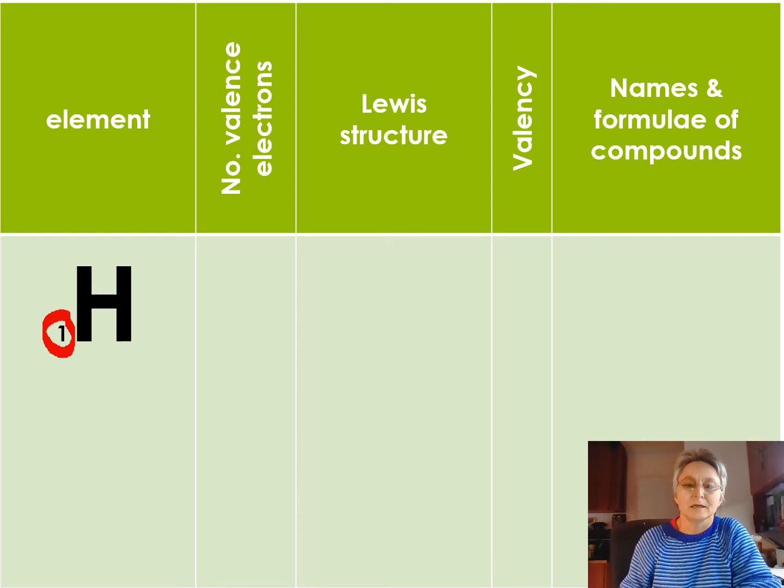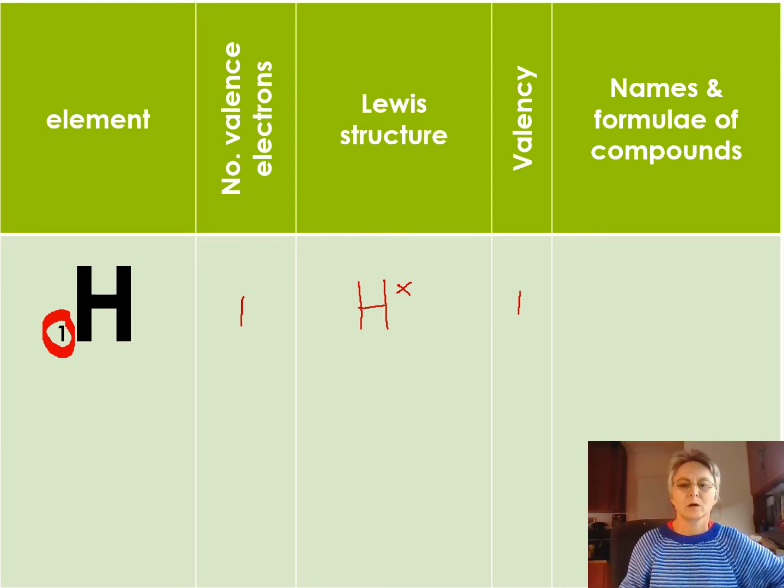It's got one electron and it's in group 1, so it's got one valence electron. The Lewis structure for hydrogen would have 1 cross, and the number of bonds the hydrogen would form is 1.